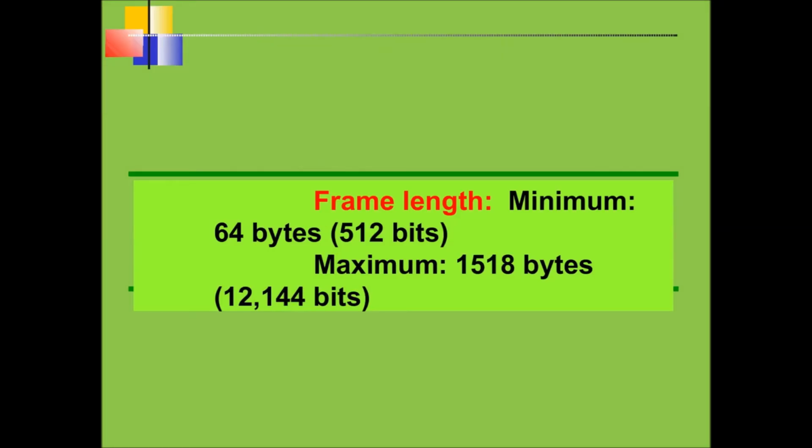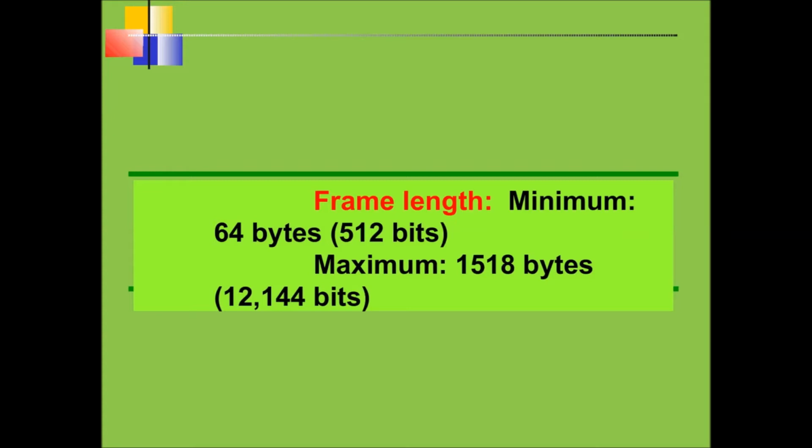A frame length minimum is 64 bytes, 512 bits, and maximum 1518 bytes, 12144 bits. So this is basically frame length, and frame length is very important because when there is a maximum length, for example 1518 bytes, then the frame will be completed.